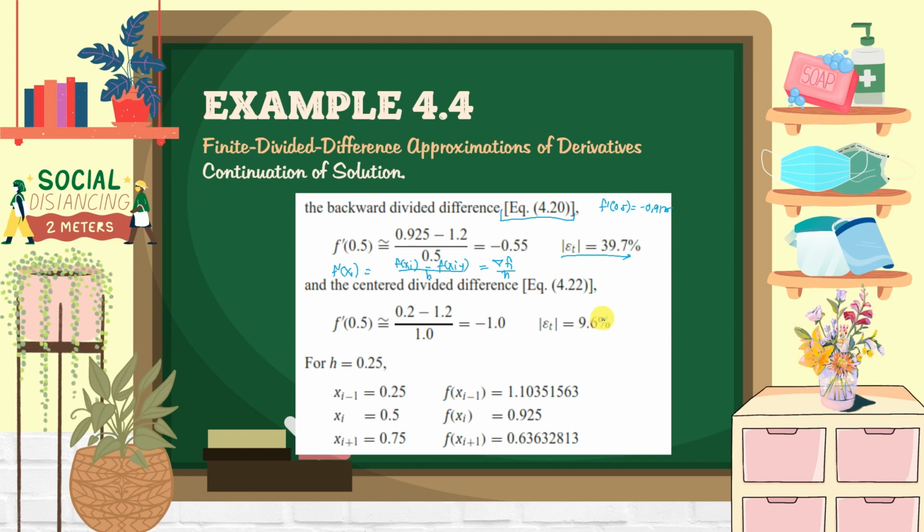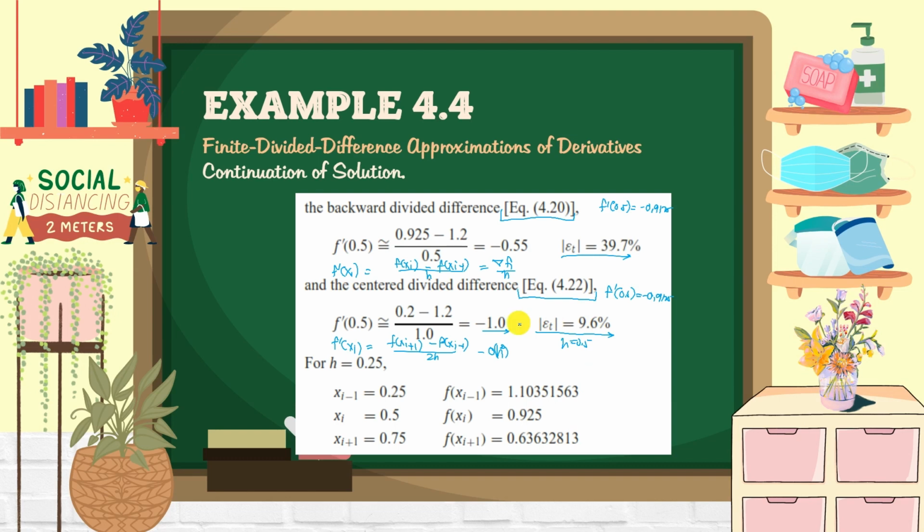And for the center divided difference, it is from equation 4.22, represented by the first derivative at x sub i equals f(x sub i plus 1) minus f(x sub i minus 1) all over 2h minus O(h squared). So O(h squared) is the truncation error. The first derivative at 0.5 will be negative 1. Therefore, we will have a true percent relative error of 9.6%.